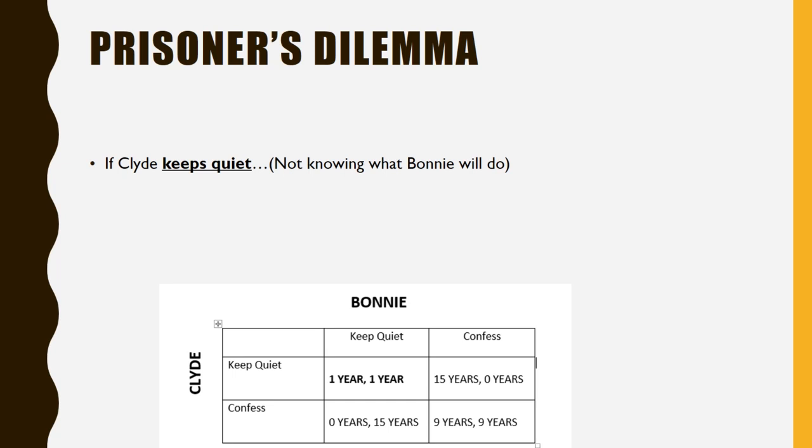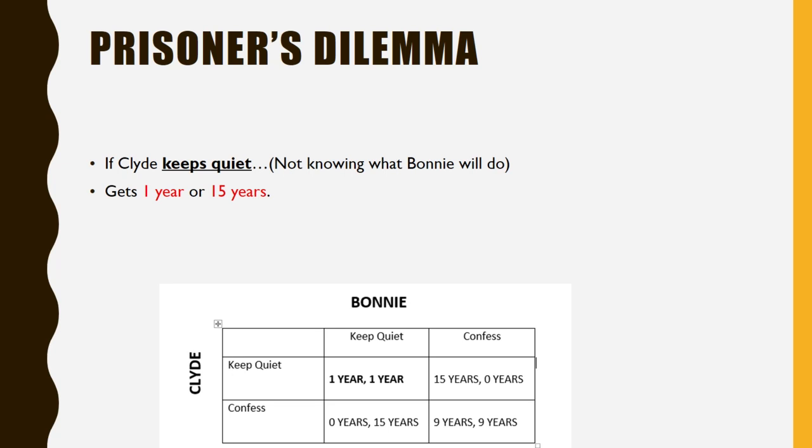So let's take a look. If Clyde keeps quiet and he doesn't know what Bonnie's going to do, let's look at this game. If Clyde keeps quiet, then what do we know? He's going to get either 1 year or 15 years, right? Well, how did I get 1 year? So he keeps quiet.